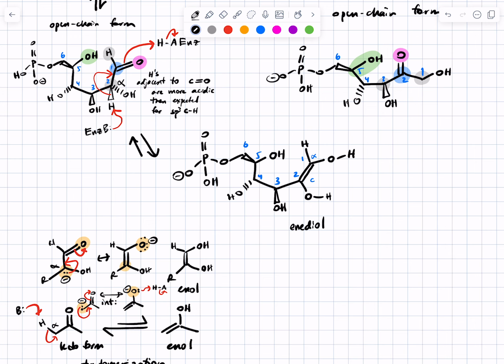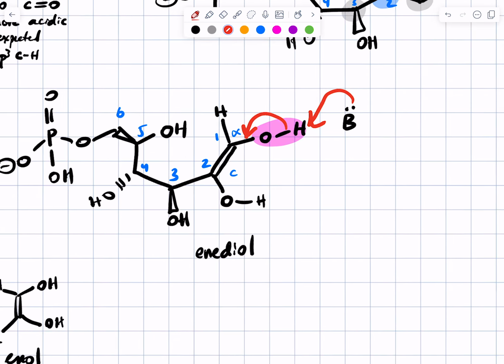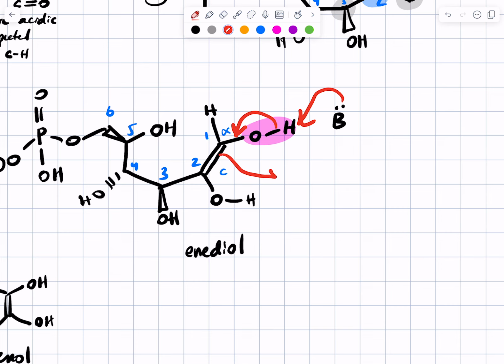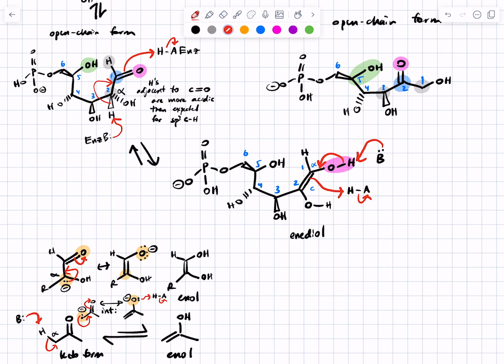To do this, a base would deprotonate the pink OH group. Electrons would kick down to reform the carbon-oxygen pi bond, the carbon-carbon pi bond would break, and a hydrogen would be added to C2. That would take us right back to glucose. That's how you tautomerize from an enol back to the keto form.